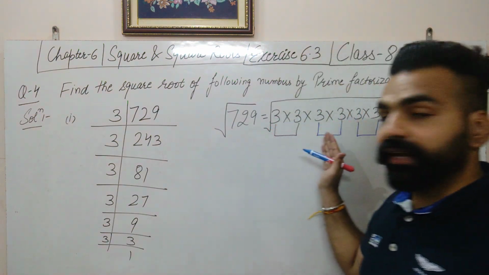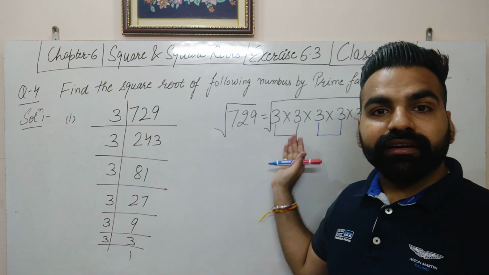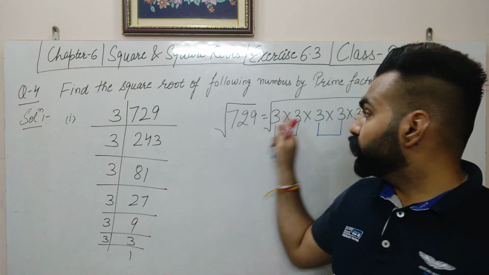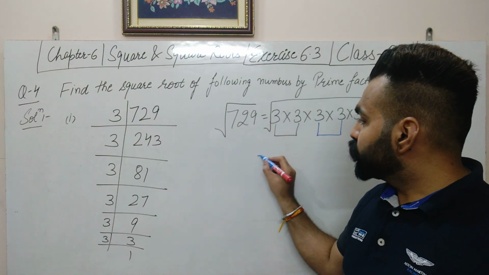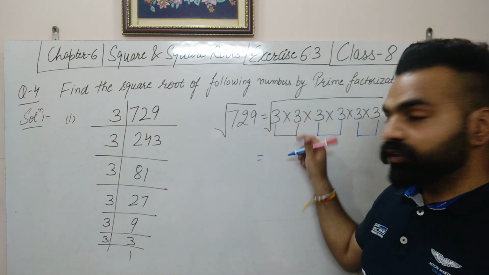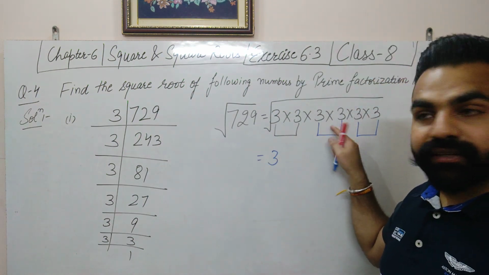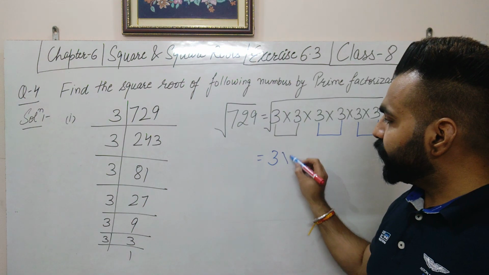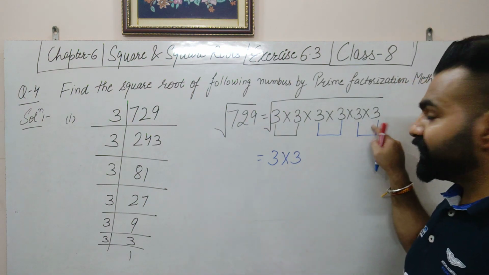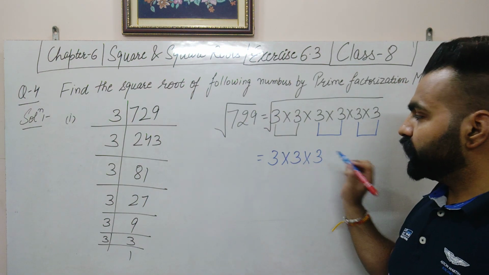From each pair, one number will be taken out of this root sign. Here 3 into 3, so one 3 is taken out of the root. From this pair there are two 3's, so one 3 will be taken out, and from this pair one 3 is also taken out.